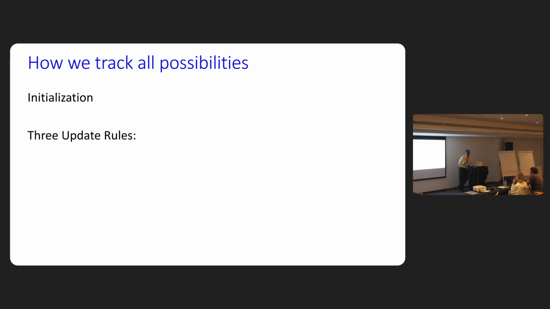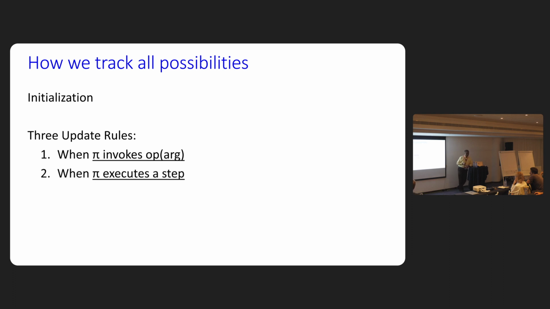And then we have 3 update rules for how to update the set of possibilities as each step happens in the algorithm. The first rule is how to update the possibility set when a process pi invokes an operation.